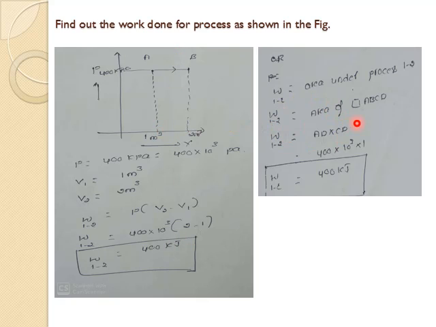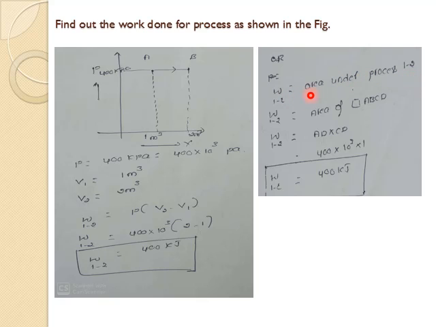Here I have shown another way to find the same work done in the process A to B. We know that work done in any thermodynamic process is equal to the area under the curve.